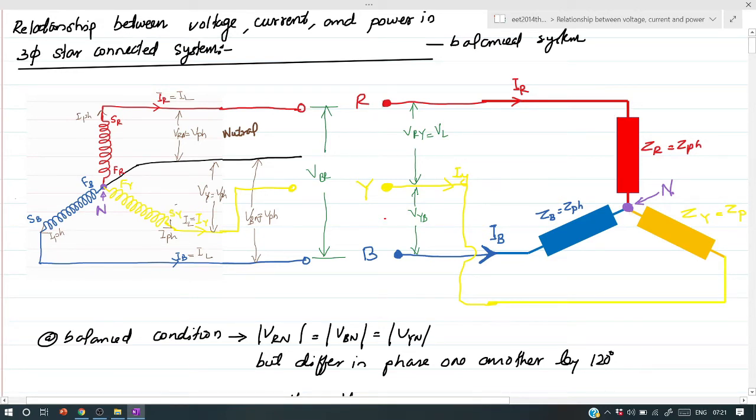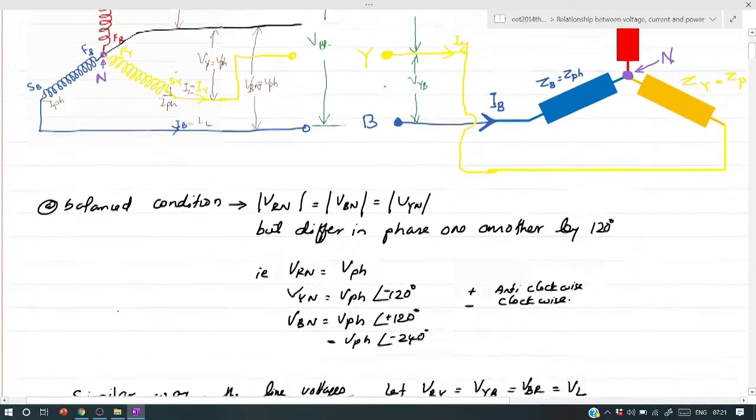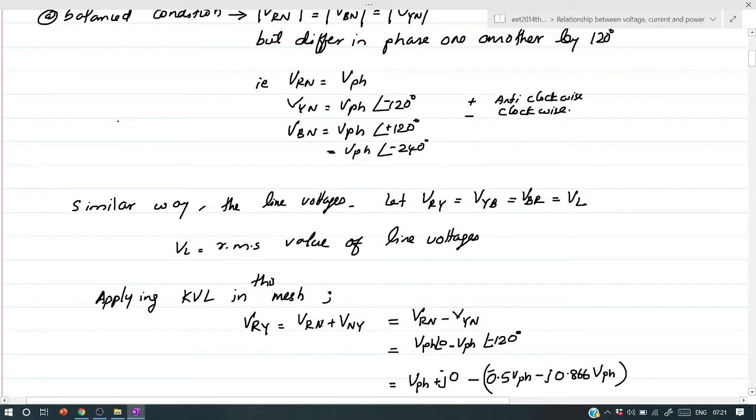Let's call this voltage VRN, the voltage across R and N. Then another voltage VNY, the voltage across N and Y. So VRY is equal to VRN plus VNY when we apply KVL over this mesh. VNY can be written as minus VYN. Considering that, we can write this expression as VRN plus VNY, which is equal to VRN minus VYN.